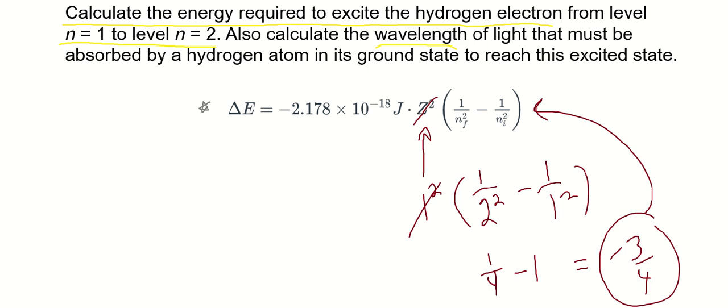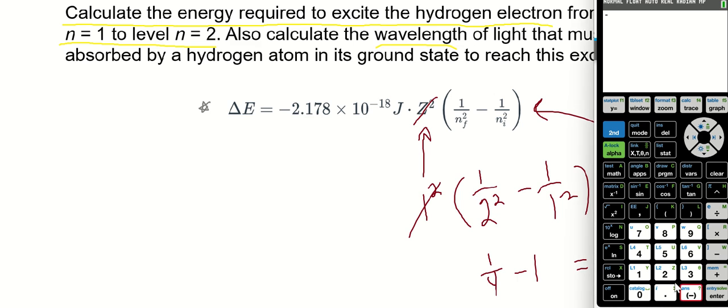Just let the calculator do the rest. Negative 2.178 times 10 to the negative 18, times 3 divided by 4.